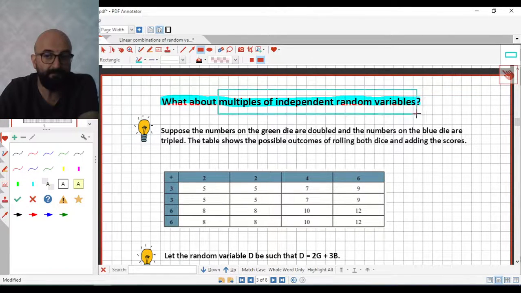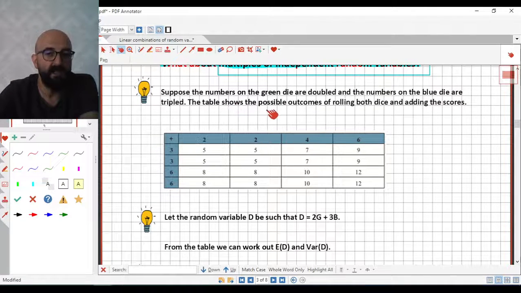Suppose the numbers on the green dice are doubled and the numbers on the blue dice are tripled. So the green dice are doubled and the blue dice are tripled.